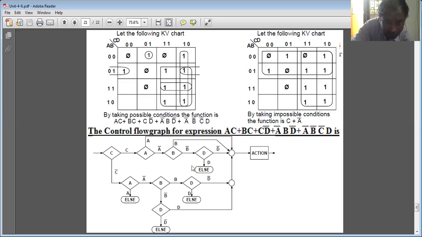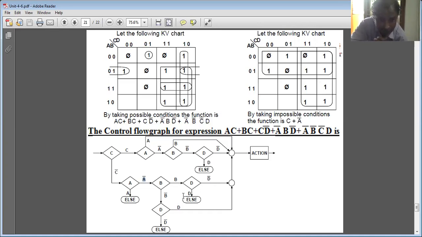A bar, B, D bar. A bar over, B is there over, then there is D bar. A bar over here: A bar, B, D bar. So here it is A bar, B and D bar.